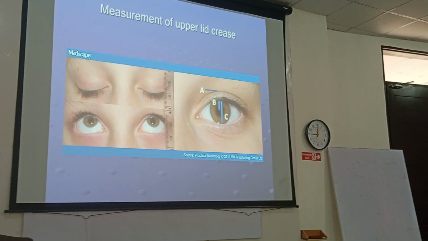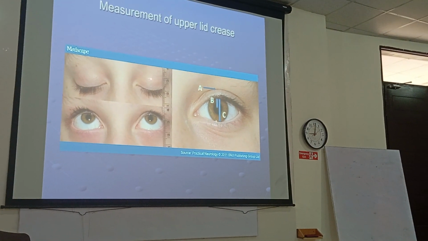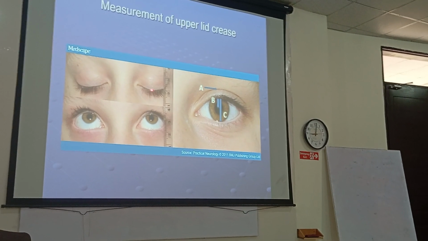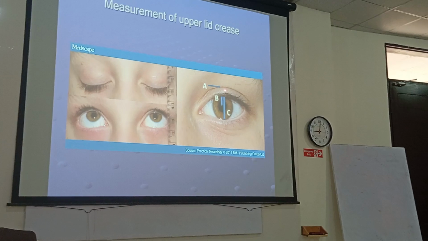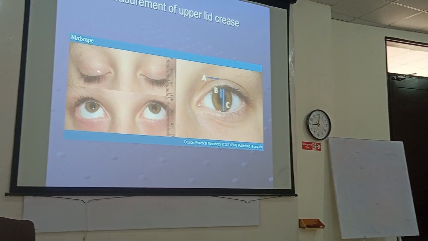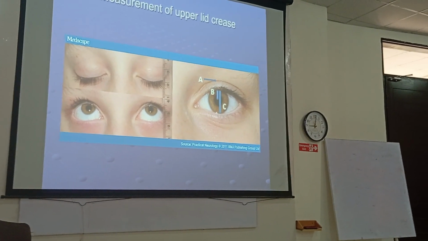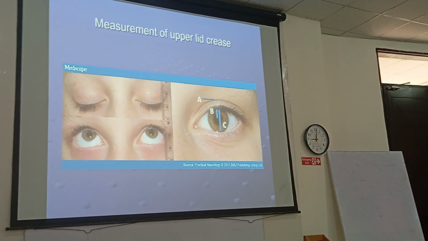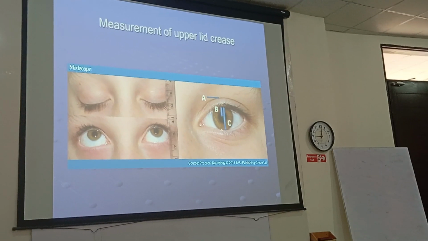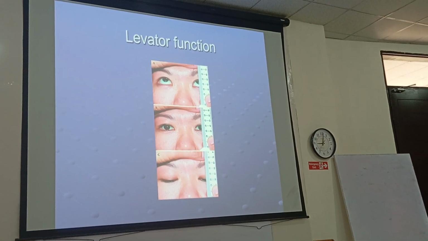You measure the distance between the upper eyelid crease, which is clearly visible here, from here to the upper eyelid margin. From here to here, but in downward gaze. So, in downward gaze, the upper eyelid crease is normally 10 to 12 millimeter, and this is a very important measurement.